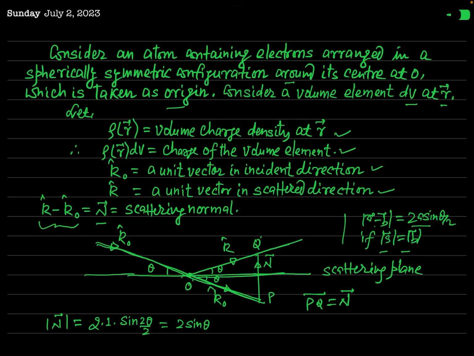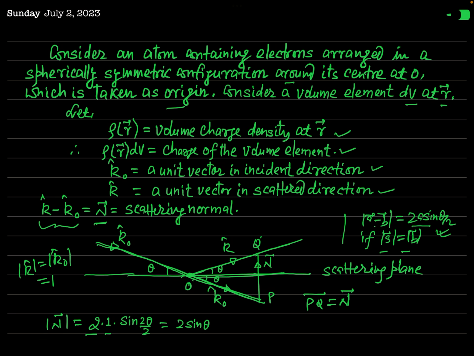Okay? Here, if you want to find the modulus of vector n, that means mod of κ minus κ₀. But κ and κ₀ both are unit vectors. So, using this formula 2A sin(θ/2), what will be the modulus of n? This will be 2 into 1. 1 is what? This is mod of κ equal to mod of κ₀, and that is equal to 1. Okay? And sin(2θ/2).